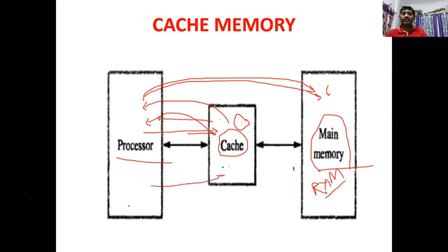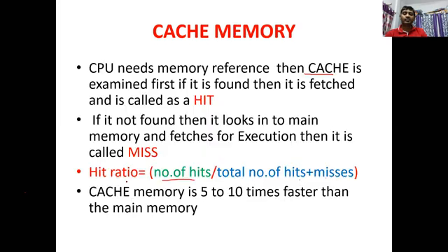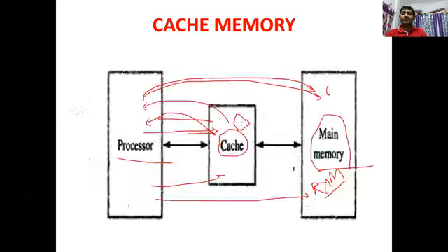If it checks the first one and it is found, then it is called a hit, and the next two are not found in the cache, then it is called a miss. So one hit plus two misses is the total memory references made by the CPU, and so 1 by 3 will be the hit ratio. Cache memory is generally 5 to 10 times faster than your main memory.